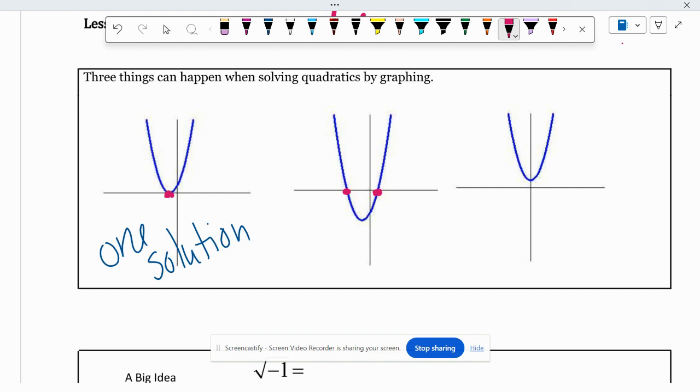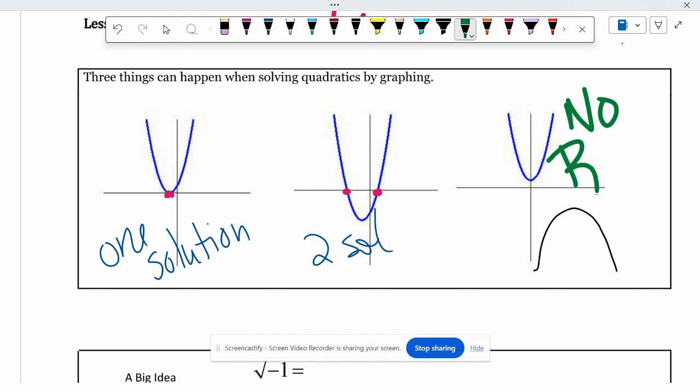So what happens when it enters? So we said that this is two solutions, or maybe we didn't, but I know that you guys know this is two solutions. But sometimes the parabola is above the x-axis, or it could also be what? Below the x-axis, yeah. This means that it's not no solution. This just means that it has no real, right? So I'm going to use that abbreviation for real numbers.